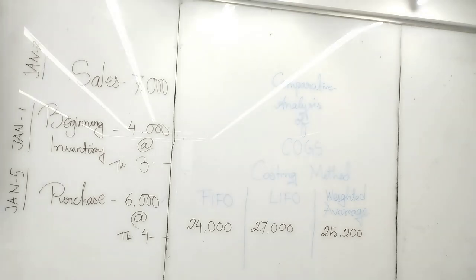So we can see the FIFO method is the least among the three, which is 24,000. So if you want to show more profits, gross profit or operational profit, then you can use the FIFO method to lower the costs.